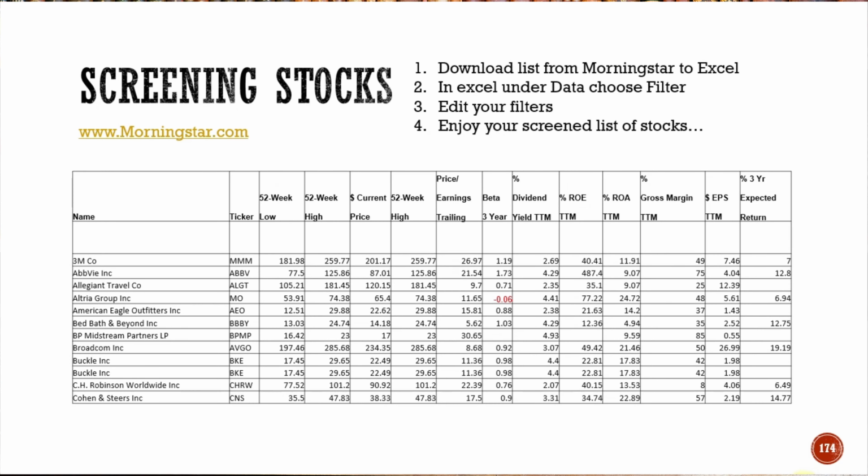Taking my screen from Morningstar and taking it into Excel gives me opportunity to make my own calculations more freely. In Excel, I can further my filtering of stocks. I can edit my filters in a different way, and I can filter until I get a really short list of stocks that fit my needs.